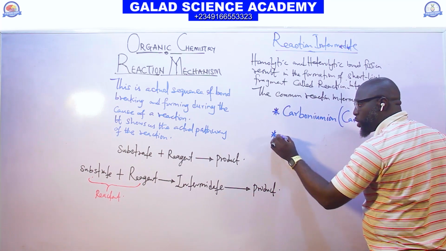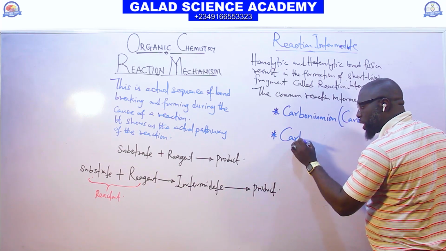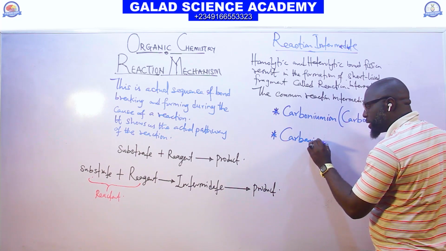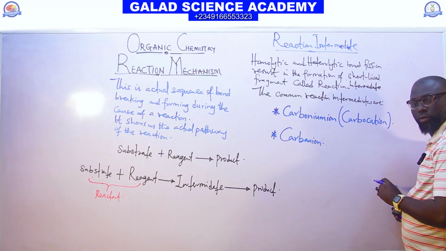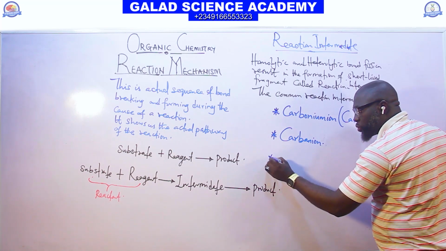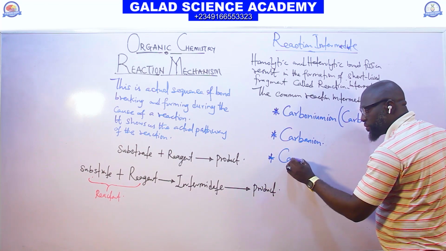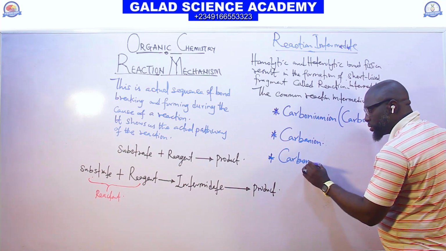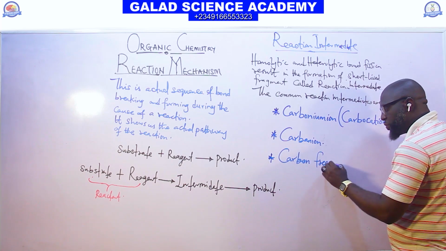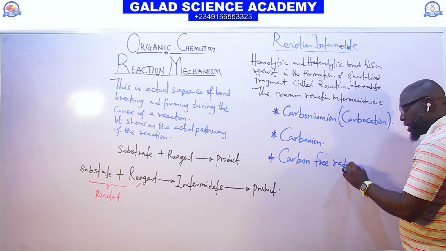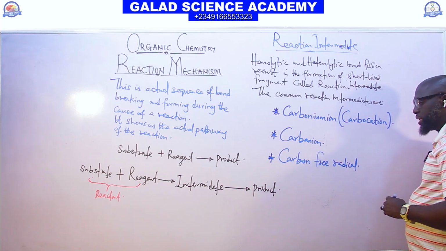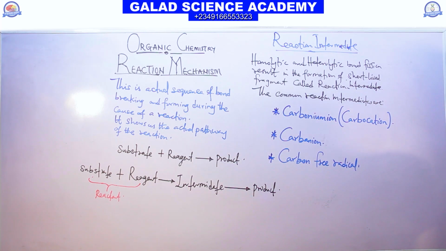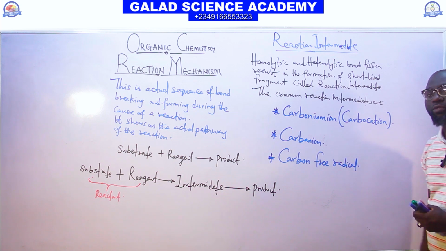We have carbanion. And the third one, we have carbon free radical. These are the three reaction intermediates we have.